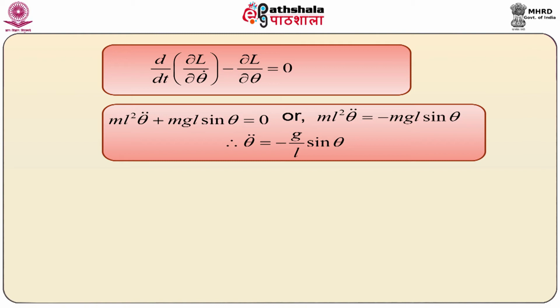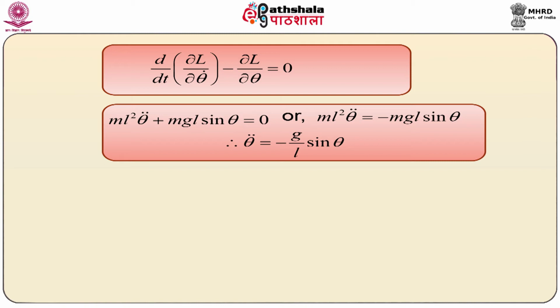This can be written as m L square theta double dot equal to minus mg L into sin theta. We have only just shifted this term on the right hand side and get this equation. Dividing this equation by m L square, we get the next equation written here.